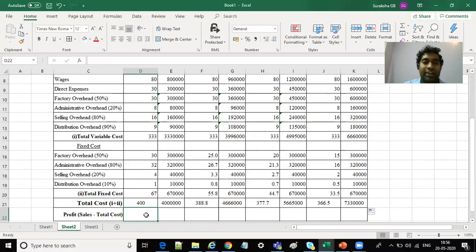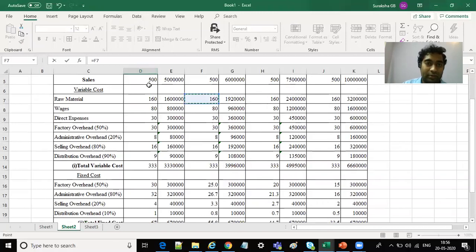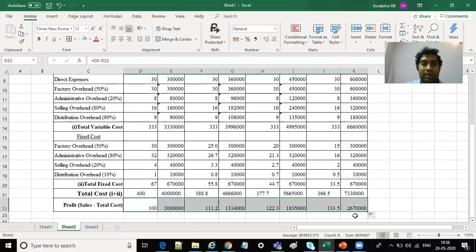Now we need to calculate the sales. The sales value is 500 minus total cost, which will give us the profit 100, and the rest of the things are calculated automatically.